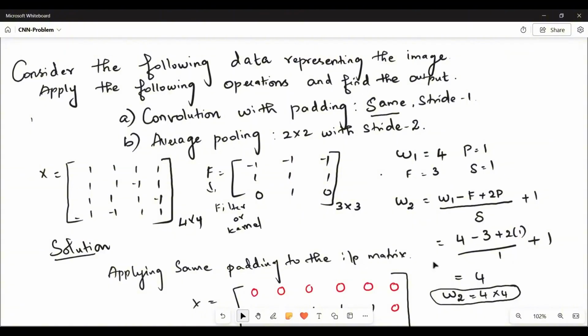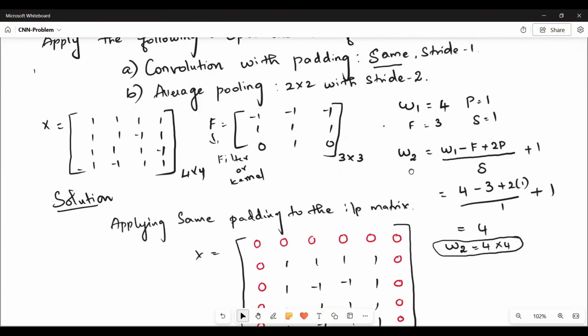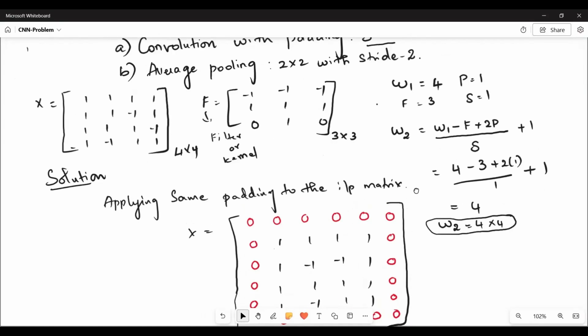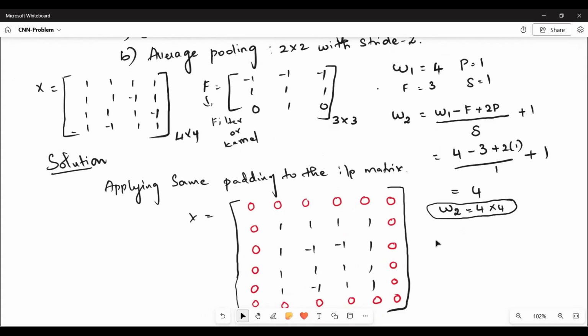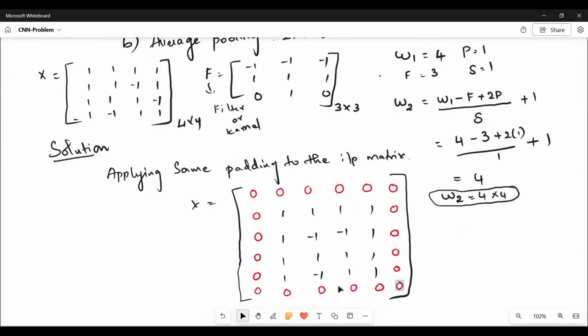So now see here. Since we are going to apply the same padding in the given input matrix, meaning that we need to append zeros on the corner of the given matrix. This is called as same padding.